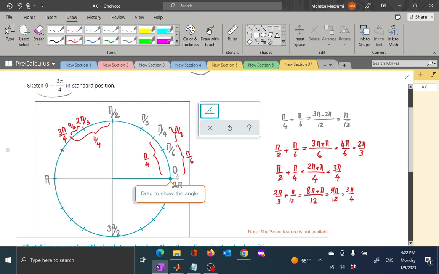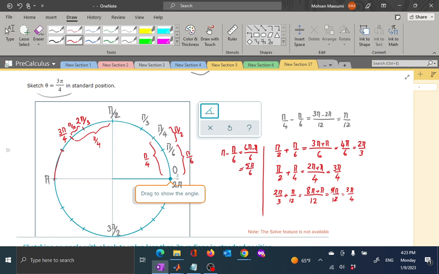How about this location? Shall we do it the easy way or the hard way? We take, for example, pi, and from that maybe you want to subtract pi over 6. That would be one way, pi minus pi over 6. So that's going to be 6 pi minus pi, and that's going to be 5 pi over 6.